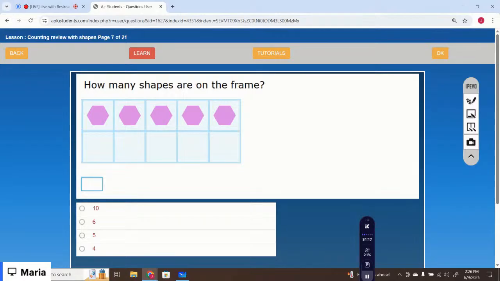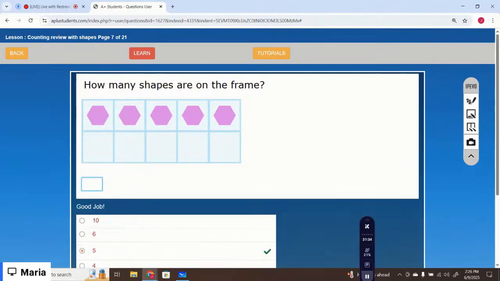How many shapes are on the plane? So which is the correct option? That is five. Option number three is the correct option.